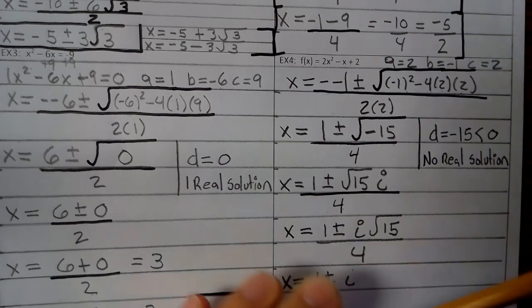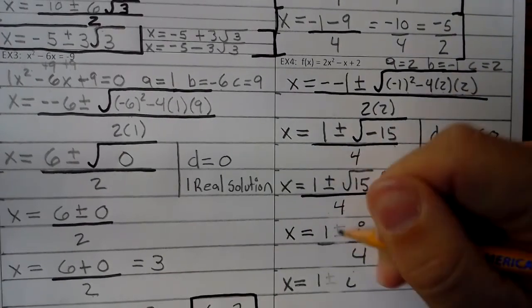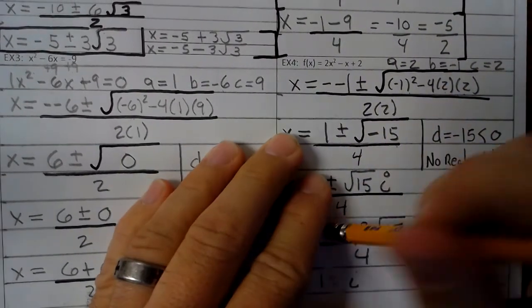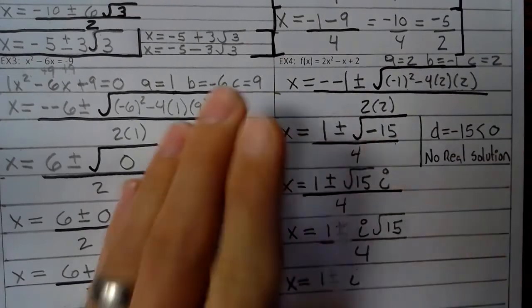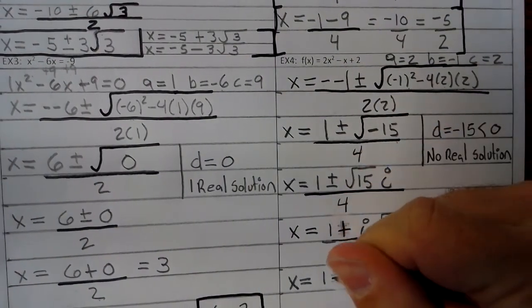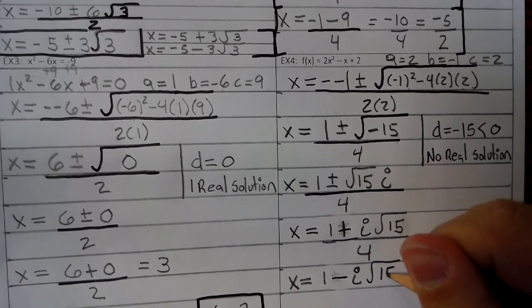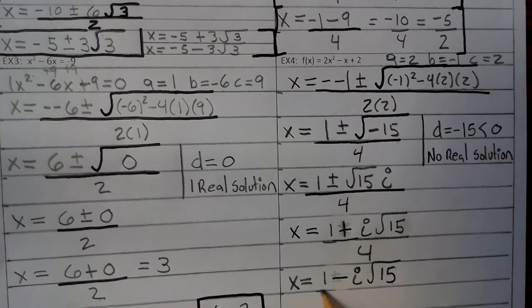We're separating it. So 1 plus and minus i square root of 15 divided by 4.